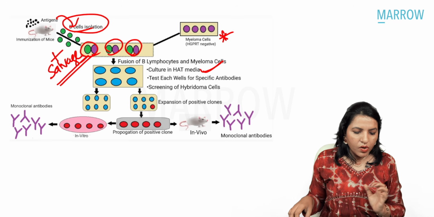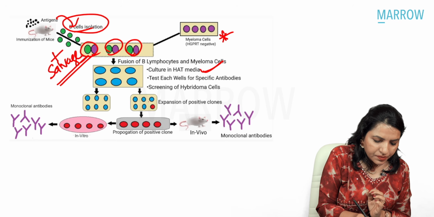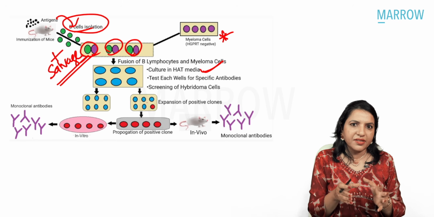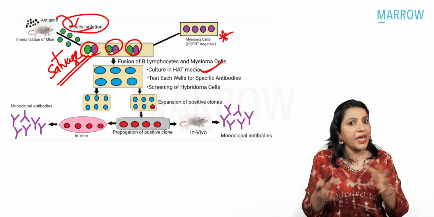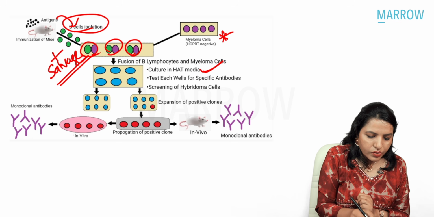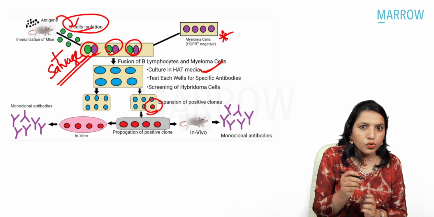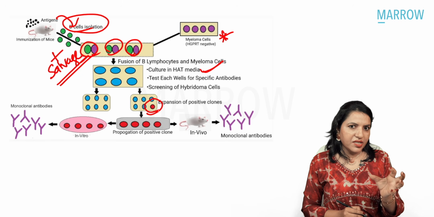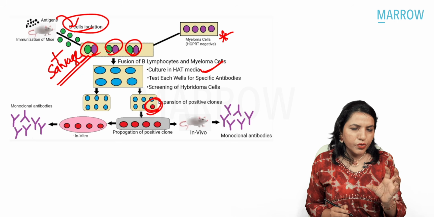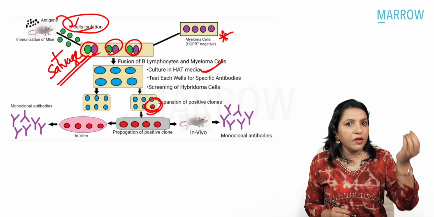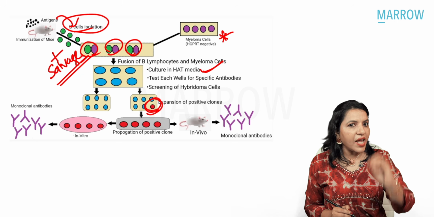Okay. Now, once it is fused, some of these fused cells will have antibodies, and some cells may not have antibodies. So the next thing is that we have to choose those fused cells with antibodies. That is marked red here. So that is a fused cell, or a hybridoma cell, with the required monoclonal antibody.